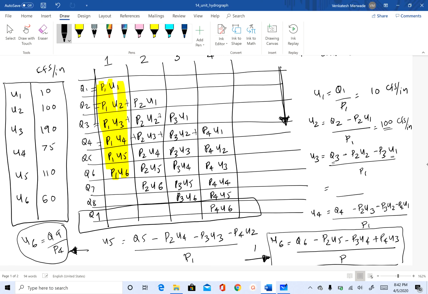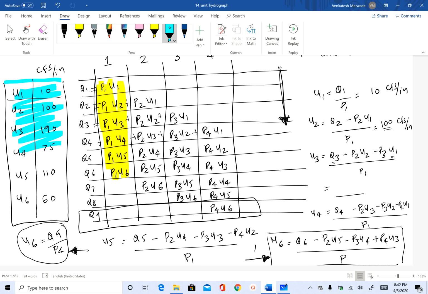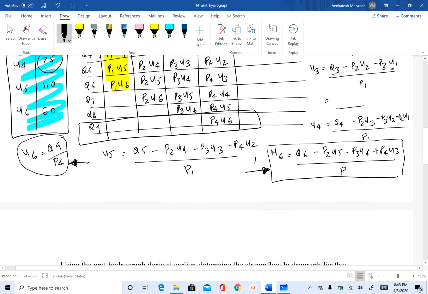Now if you plot this unit hydrograph, you will see that there is a sort of a dip when the hydrograph goes from 190 to 75, and then it jumps again to 110. If I plot that, this is how it may look.